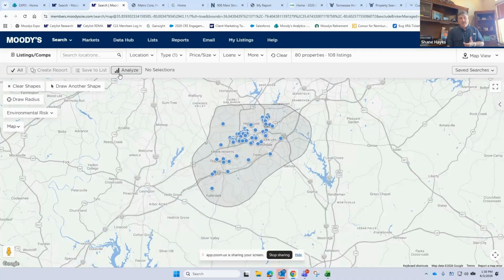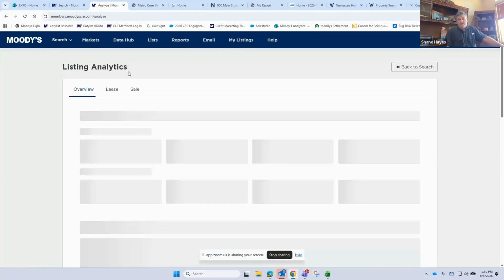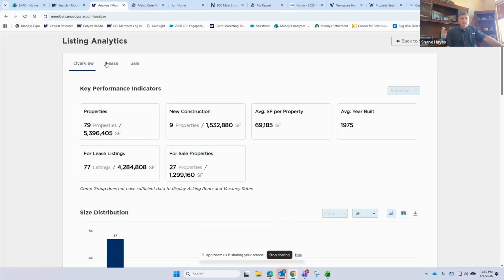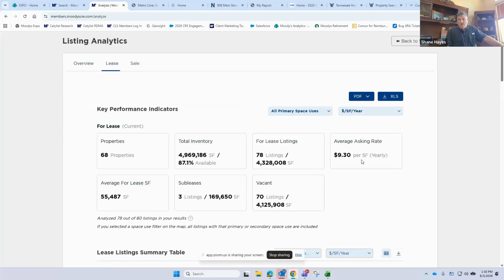Now I can go to analyze and analyze these specific listings and get a really good idea of the data and what's going on, because this is information you guys are sharing with us, right? You're putting the listings in, information that the groups we're working with in the state are sharing.